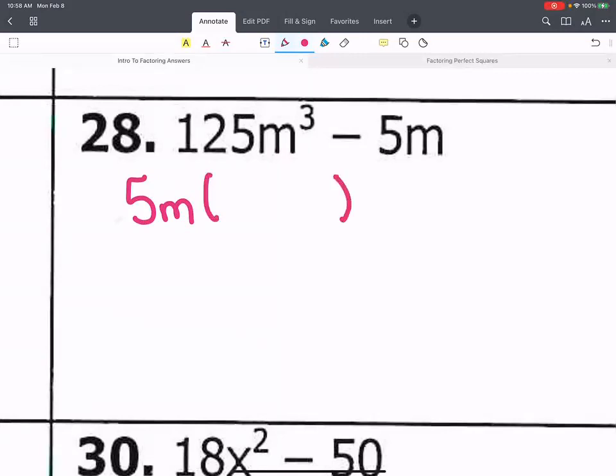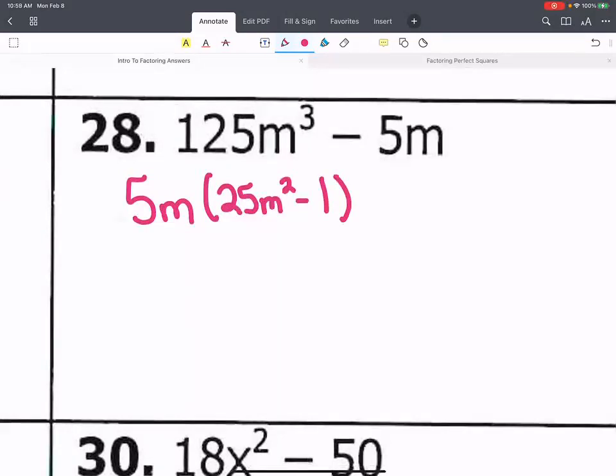Okay. 125 divided by 5. 25. M to the third divided by M. Good. And 5M divided by 5M leaves me 1. And I had a minus sign, so it's minus 1.